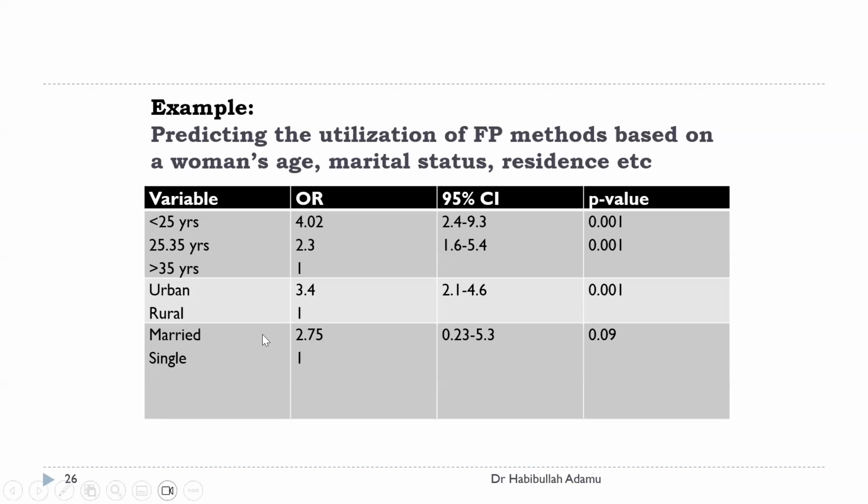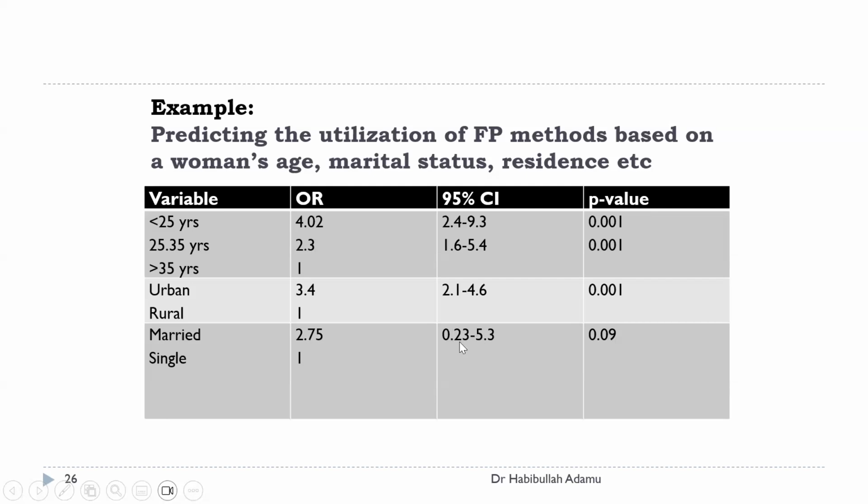So that means this observation that those who are married are about 3 times more likely to use it is not statistically significant. And if you look at the confidence interval also, it's from 0.23 to 5.3. 2.75 is found within the range. So yes, that one is tick.